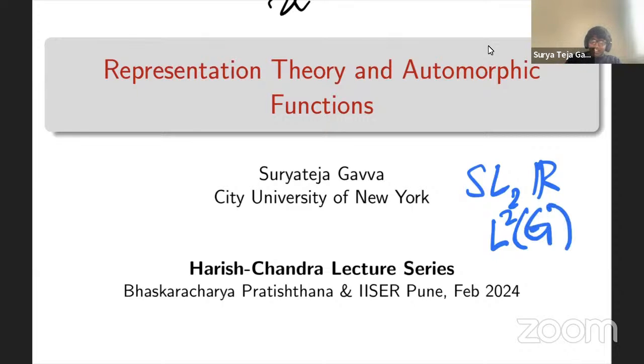Now we'll see, instead of functions on G, if you replace G with other spaces like G mod gamma, for gamma some discrete subgroup. There's a lot of number theory that comes up, based on the gamma that you take, when you want to do this decomposition.